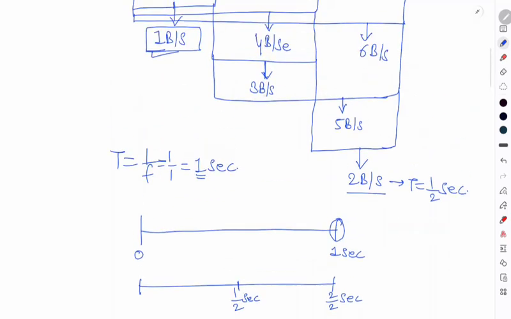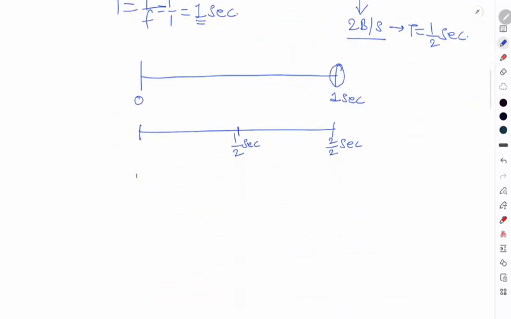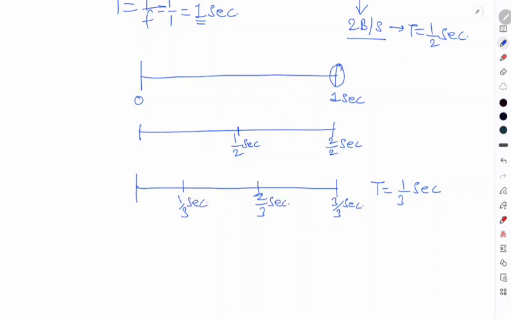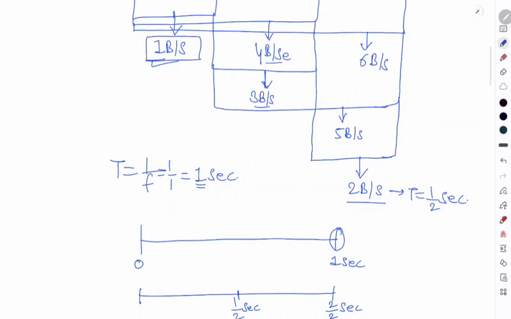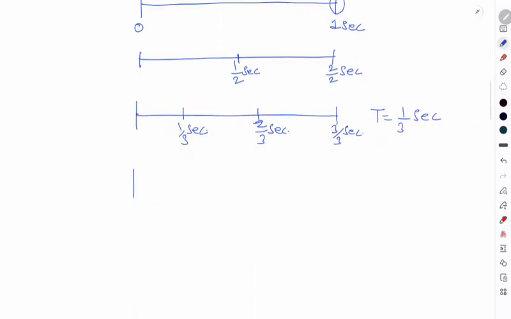Now for 3 beats per second, the time period will be 1 by 3 second. So at 1 by 3, at 2 by 3 and at 3 by 3 second, we will hear maxima. Similarly, for 4 beats per second, the time period will be 1 by 4 second.